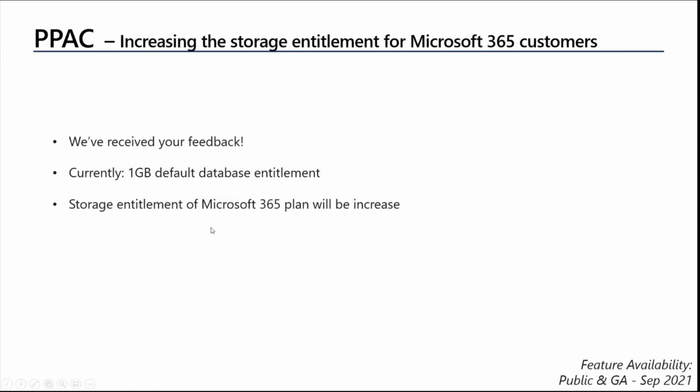Finally, regarding the storage entitlement, we received your feedback and we will increase the storage entitlement of the Microsoft 365 plan. Currently, customers only get 1 gig default database entitlement, but we are planning to increase it. And we should have more information and more news in September 2021.